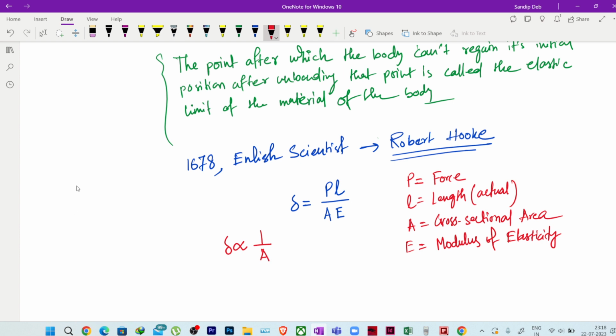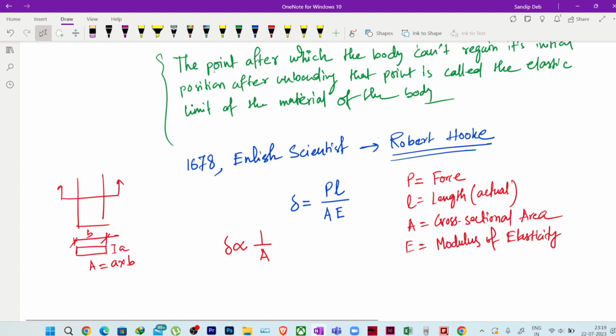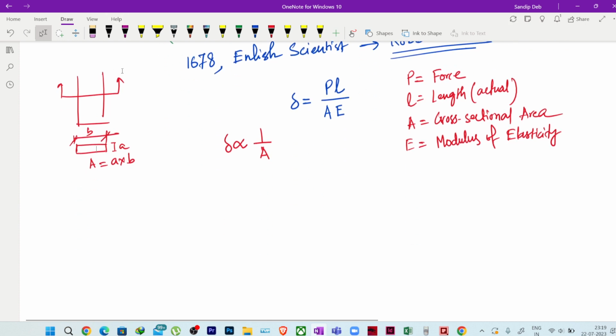So suppose this is my bar. If I draw a cross-sectional area, it will be something like this. Suppose this is my A, this is B, so the area equals A into B. This is my cross-sectional area, right? So it is saying that the cross-sectional area is inversely proportional to the elongation.